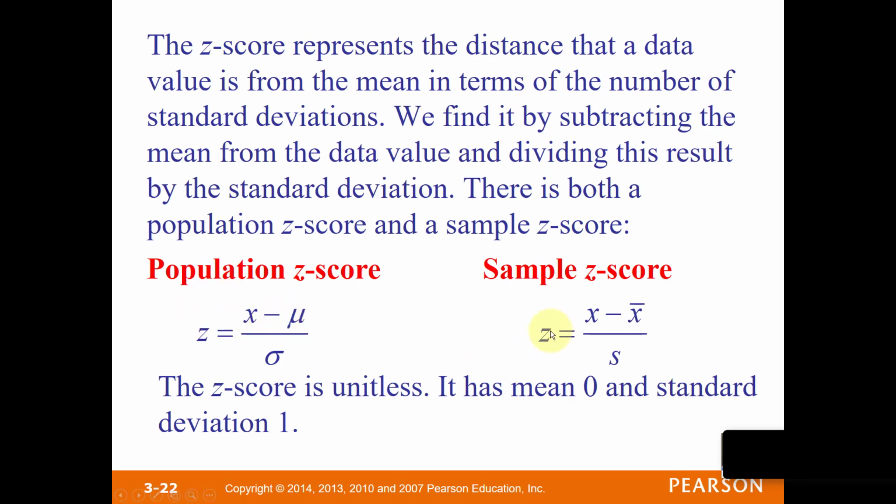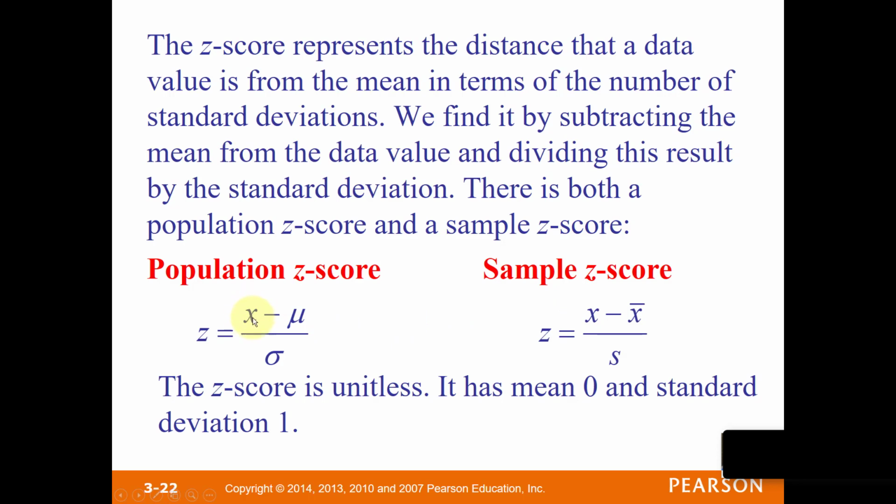This formula on the right for sample z-scores is conceptually identical, meaning in the numerator you have the distance between the data value given and the mean of the sample, and it's divided by the standard deviation of the sample to see how many standard deviations go into this distance. Make sense? All right.